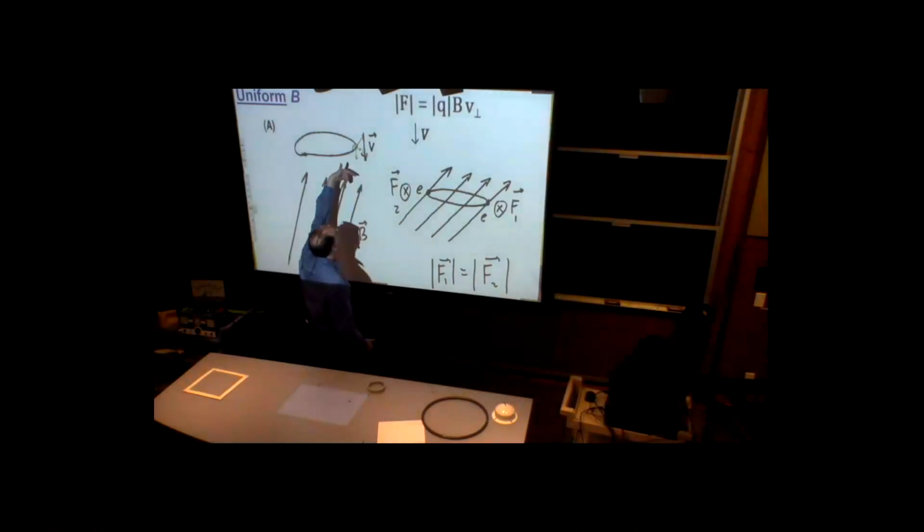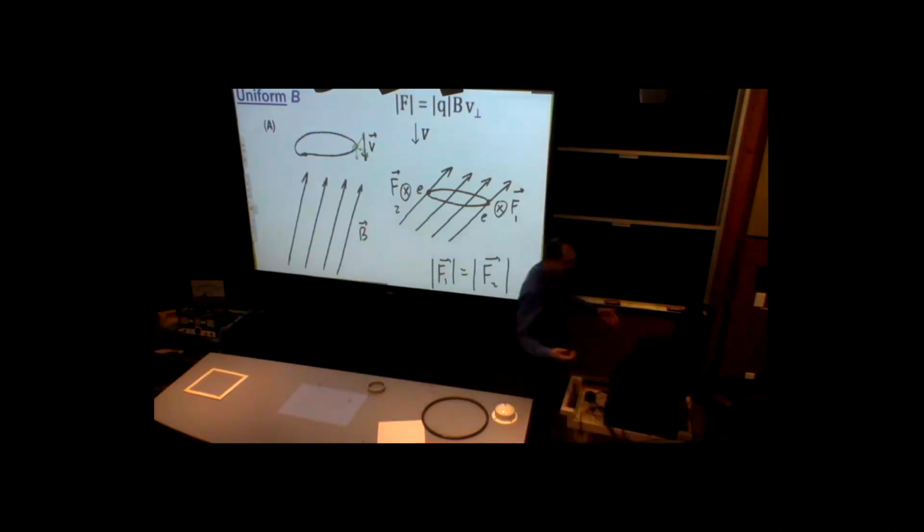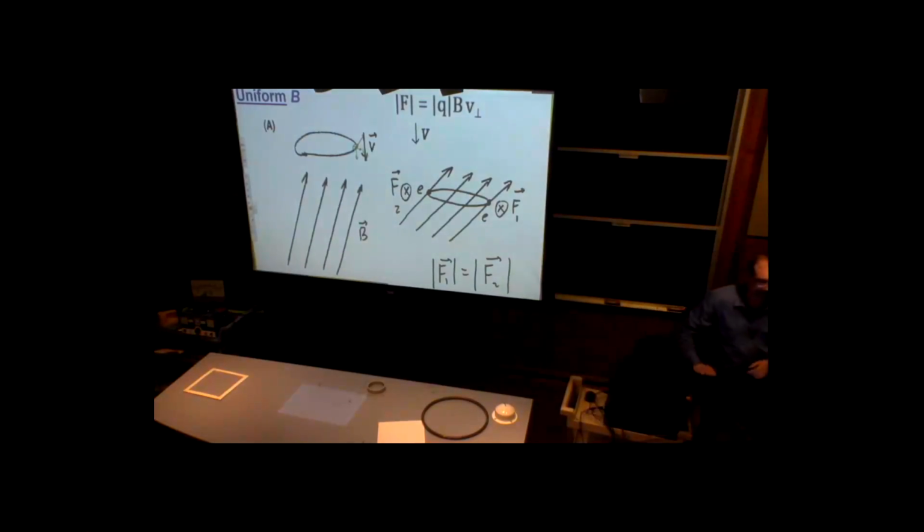Now we can apply the left-hand rule because it's an electron. V perpendicular. It's very hard. Okay. Into the screen. So the force acting on this single electron should point like this, into the screen.